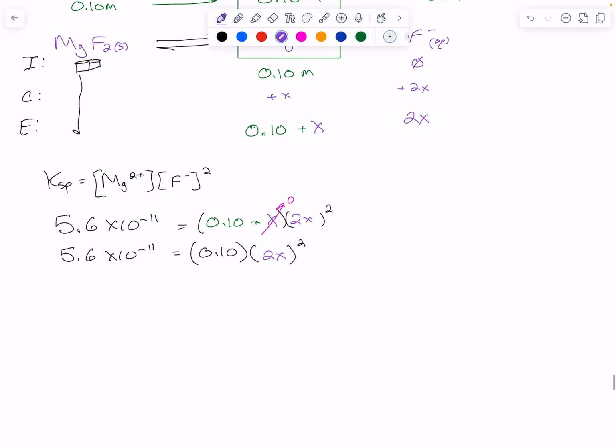So now to solve this, you have your 5.6 times 10 to the negative 11th, and you're going to have to divide by 0.1.